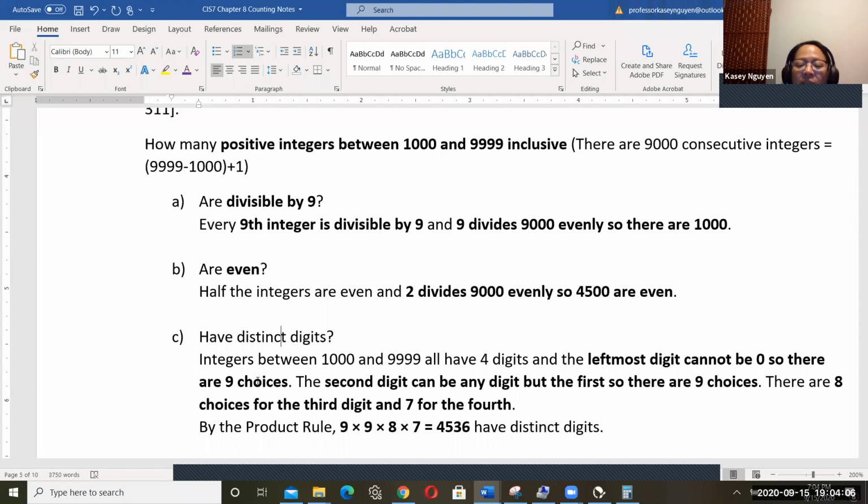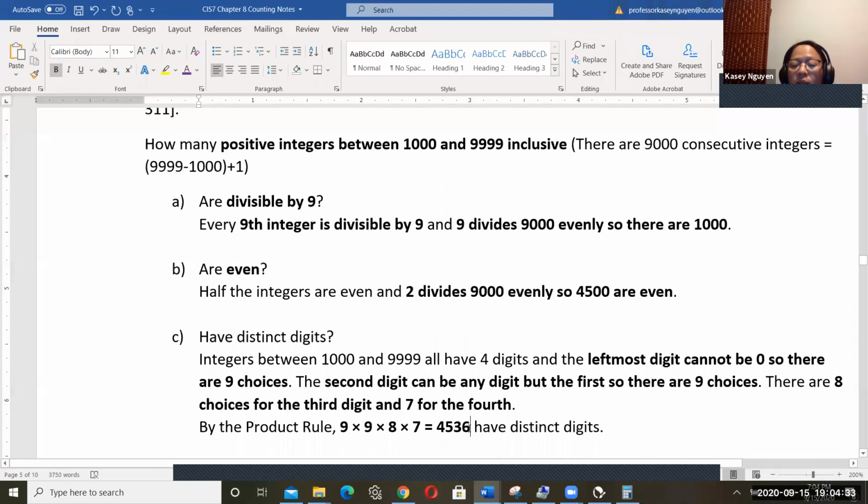Okay, so that would also give you a 9. And then this will be 2 less because the first 2 already took the positions. So you would have only 8 left to select from for the distinct digits. So that will be 8. And then when we select that digit, we would have 7 left.